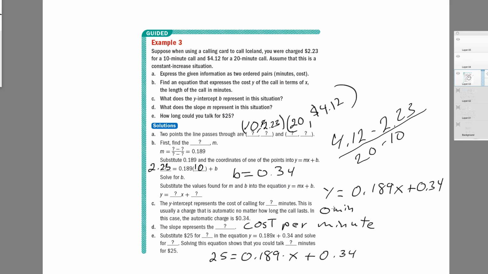And let's see, subtract 0.34 from both sides. That's 25 minus 0.34. That's 24.66.